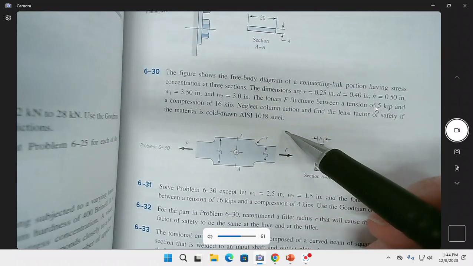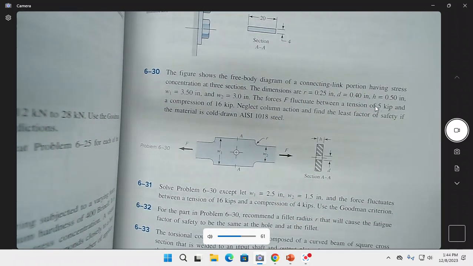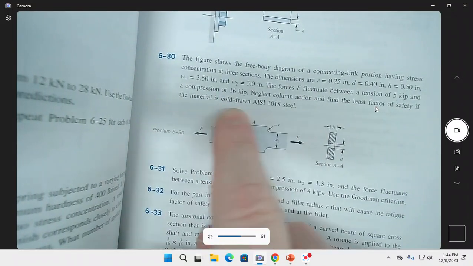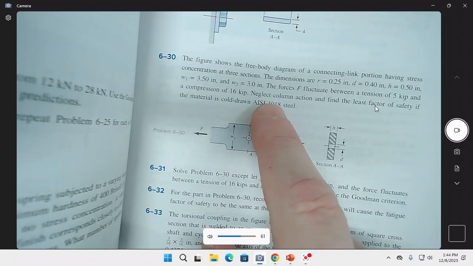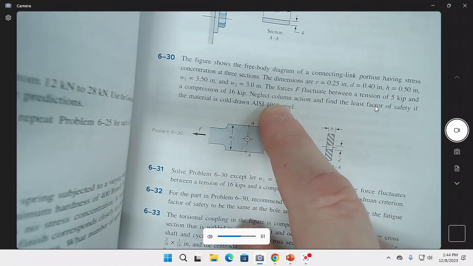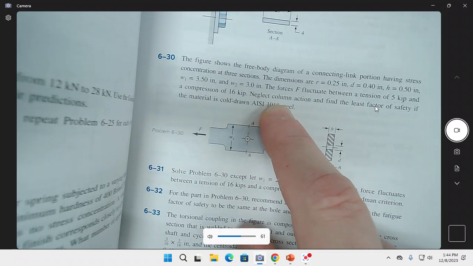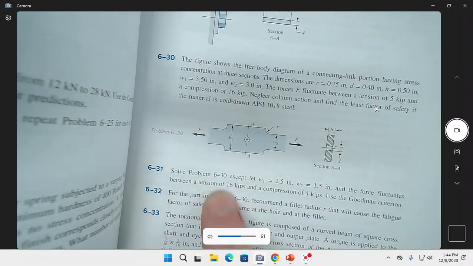Is this too complicated, do you think? No, we're okay. All right, so let's do this one. I'll write the thing out, and we're going to use AISI cold-drawn 1018 and neglect the column action. Of course, it doesn't make any sense to neglect the column action. It's not a compression. That's stupid. And find the least safety factor if the material is this.